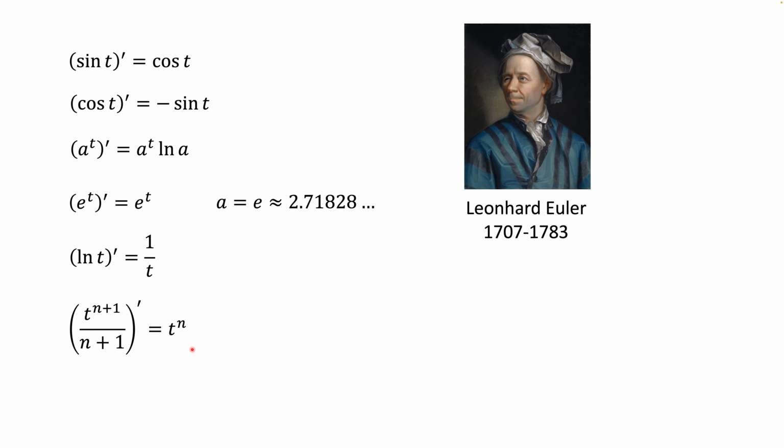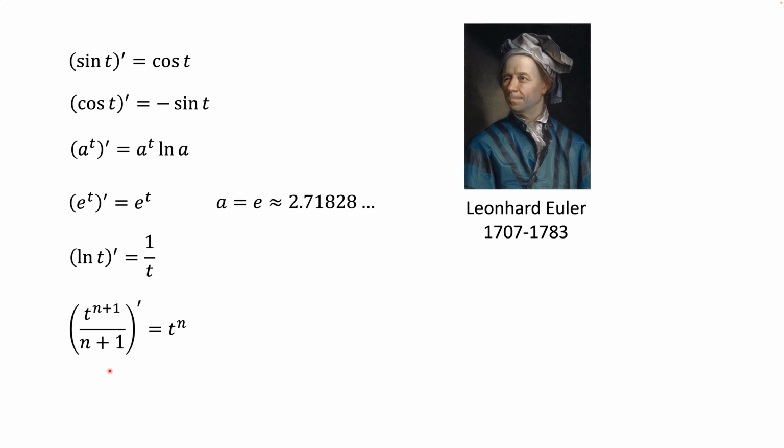Are we having some problem somewhere? Do we have an error somewhere, a mistake? Well, to see if we do, we just need to look at this. It's t to the power of minus 1. Now look at this formula and ask, what's going to happen if I put n equal to minus 1? We're going to have t to the power of 0 divided by 0.